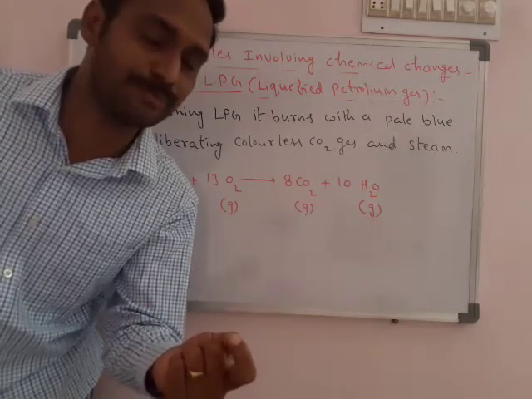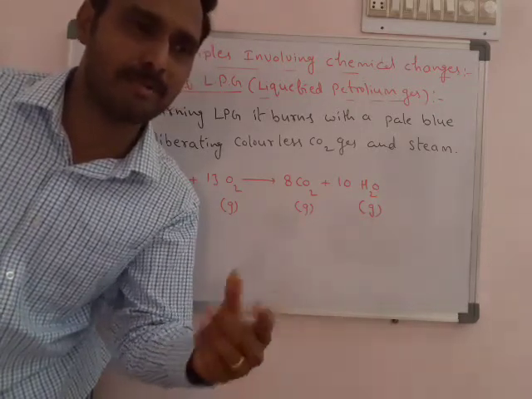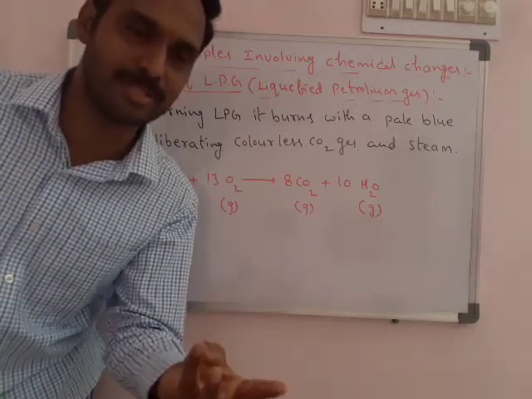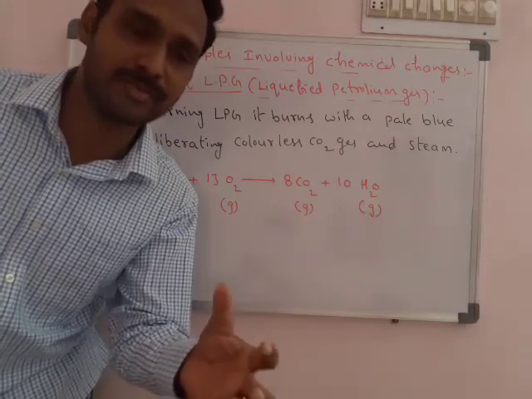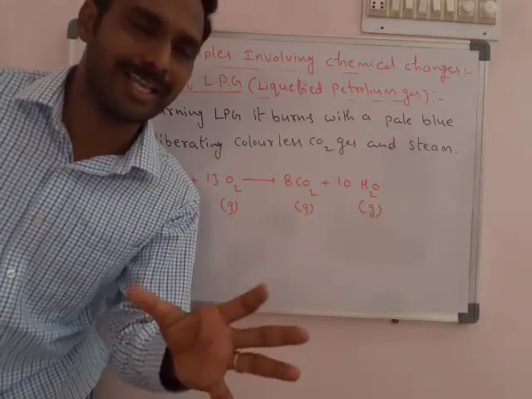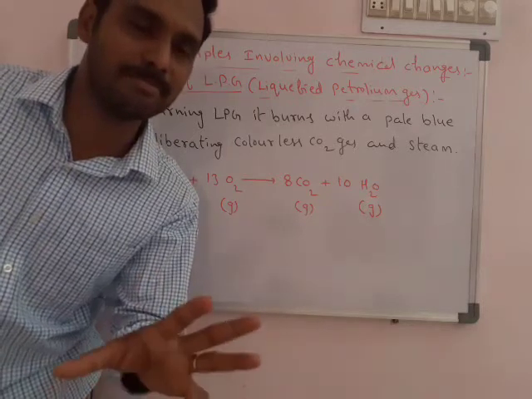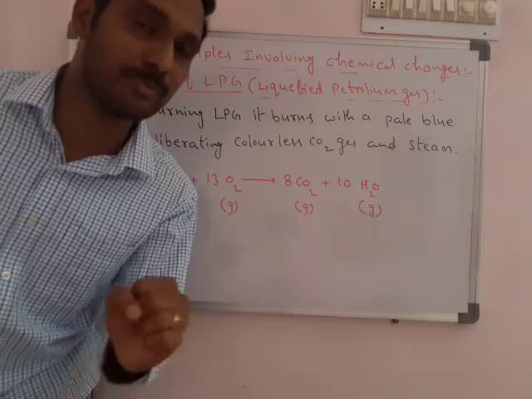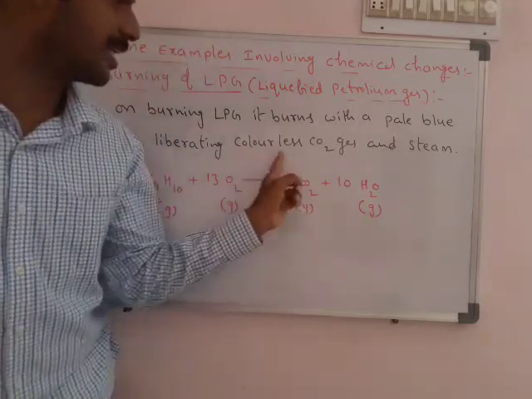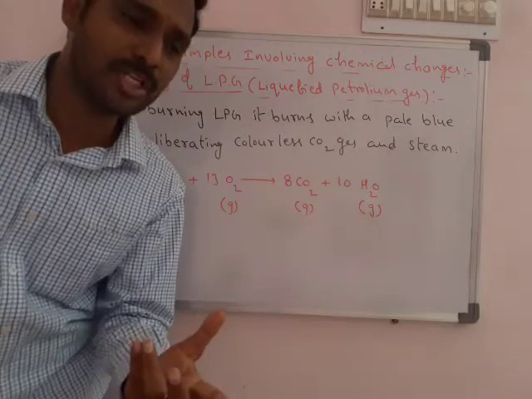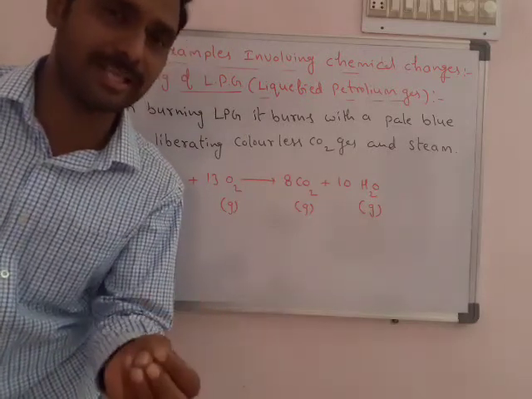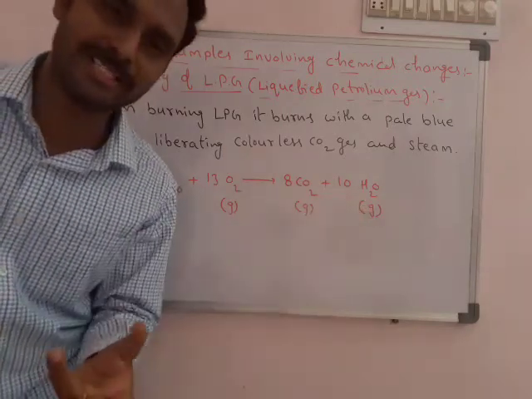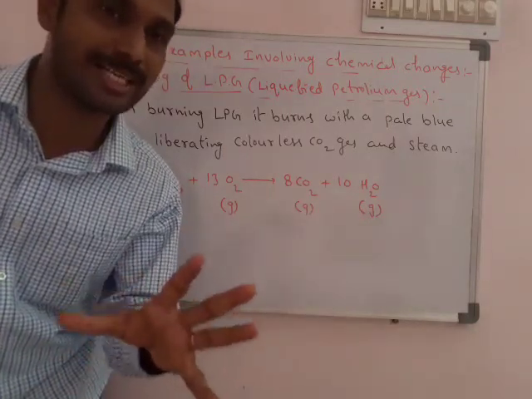For example, the burning of leaves, plants, stems or paper gives a red flame, but LPG burns with a blue flame and releases colorless gases. The CO2 gas and water vapors are released, but we can't observe them because they are colorless.